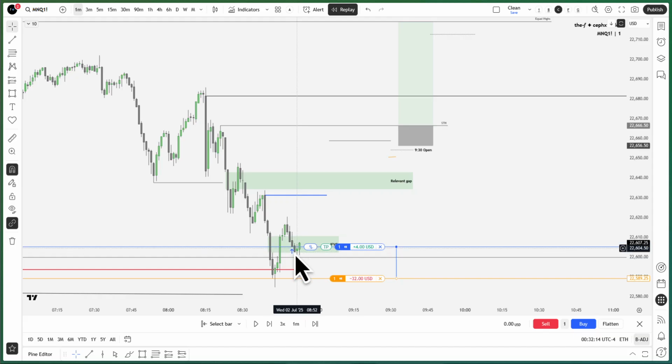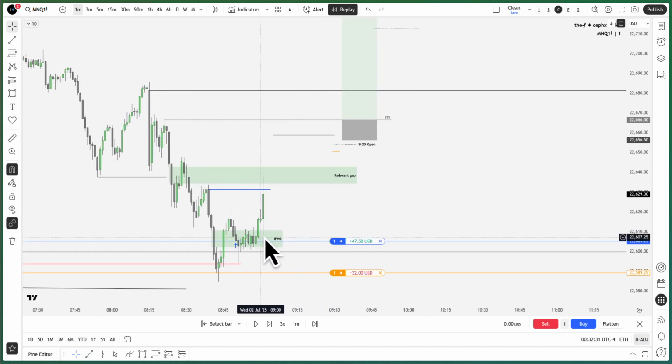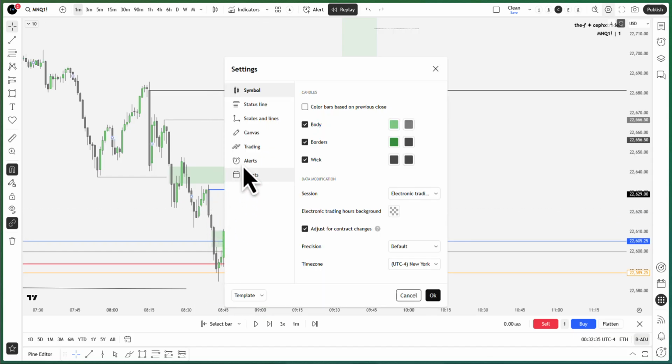Take note of the fact that we are not closing outside of the inverse fair value gap. We're trading out of it. Once we trade out of it and we close outside of it, this becomes a reclaimed fair value gap.